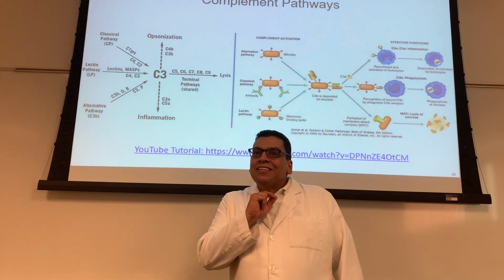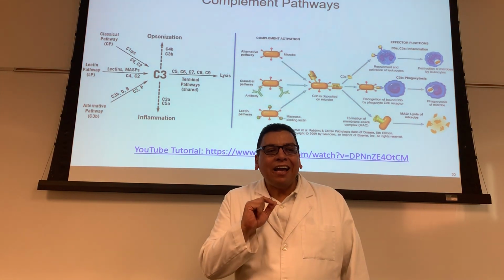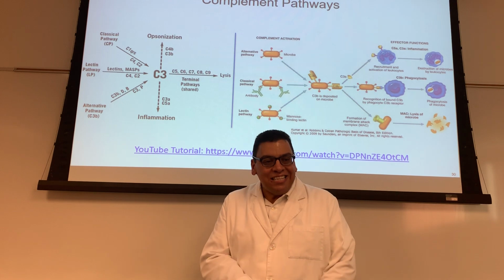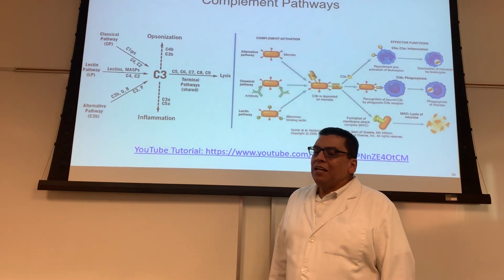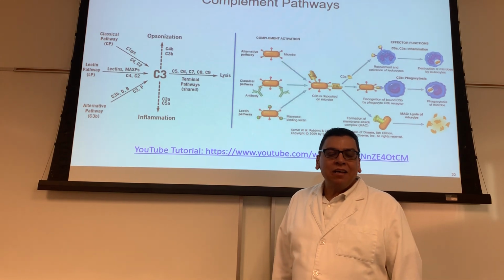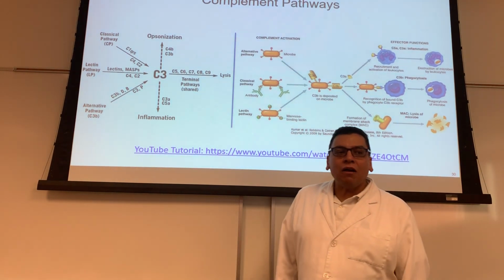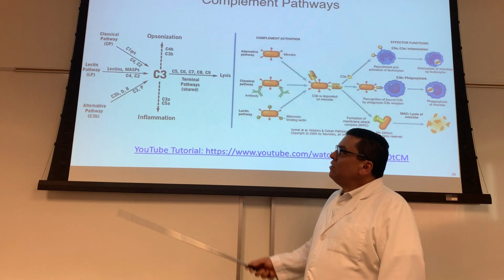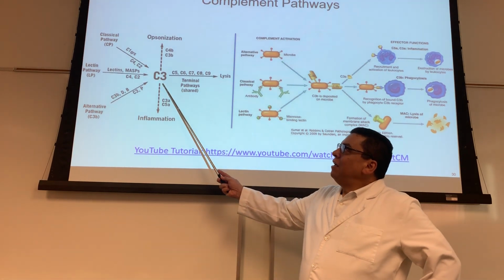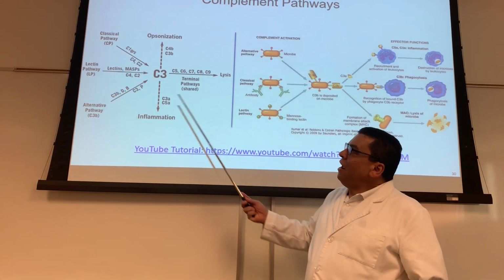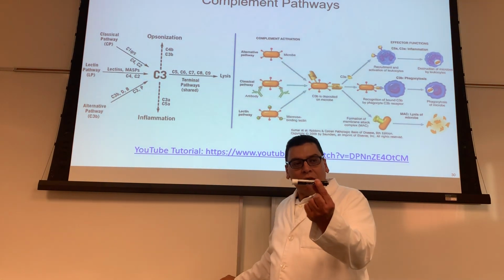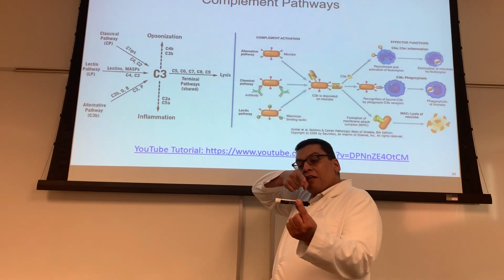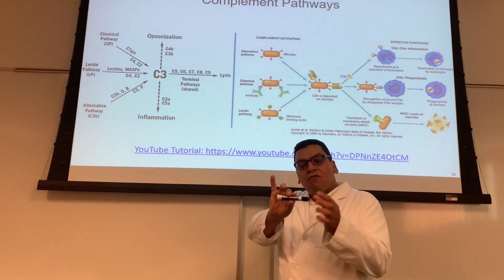Now, you gotta understand what I mean by the word activation. In this case, it means taking C3 and cleaving it into two pieces. A small piece and a larger piece. So if you notice, C3 will become C3A and C3B. It's sort of like this. Here's C3. To activate C3 is equivalent to doing this.